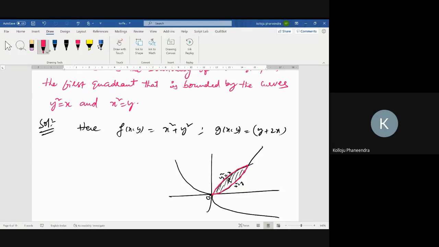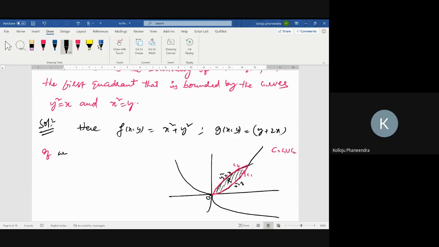So C is the join of C1 and C2. This is curve C1 and this is curve C2, correct? So to evaluate the line integral, I have to evaluate over C1 and over C2. Okay, I am just mentioning that, don't write this in the examination.